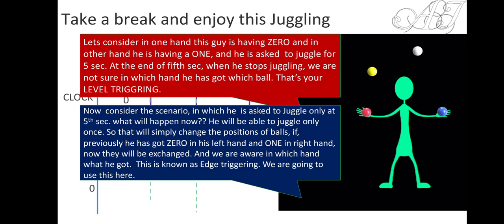Like if he has got 1 in right hand and 0 in left hand, so after the juggling, in left hand he will be having 1 and in right hand he will be having 0. Simple. So this is the concept of edge triggering. Okay, so we will be using that edge triggering to avoid this race.